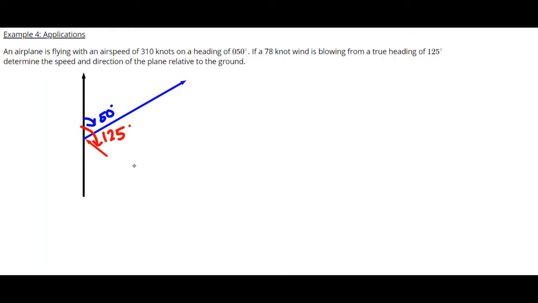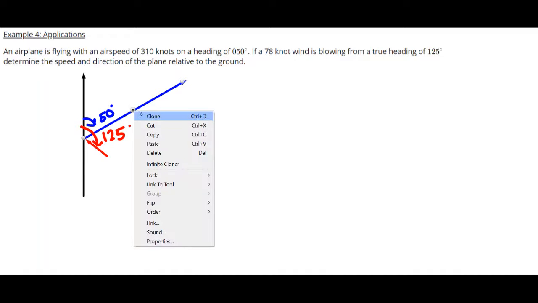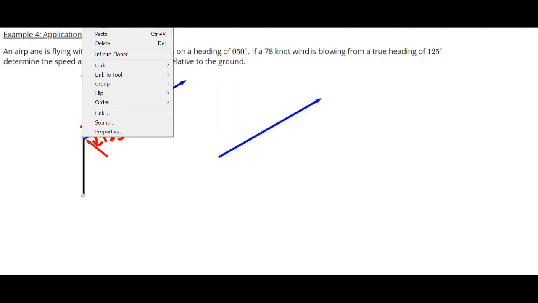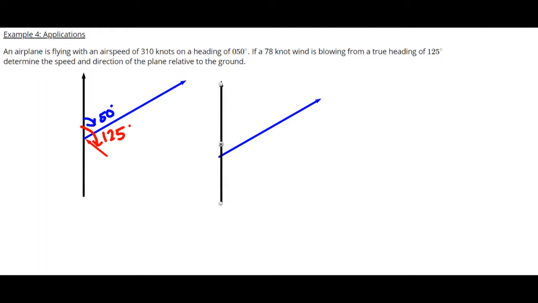So I'm going to duplicate the vector parts, and we're going to find the resultant of these two vectors. I'm going to take this vector here and put it right there.